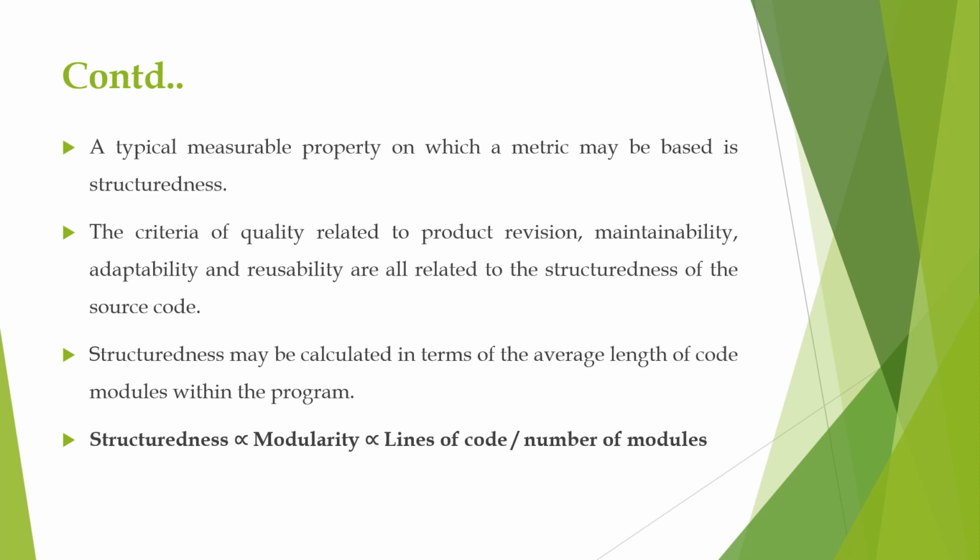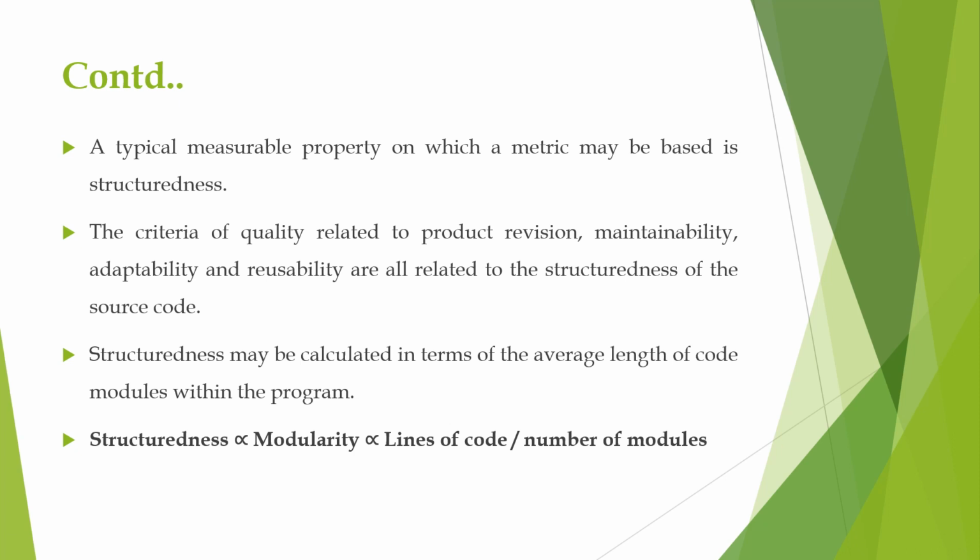So here we can calculate the structuredness of the product using the formula given here. The structuredness may be calculated in terms of the average length of the code, which means structuredness is directly proportional to modularity, and it is also directly proportional to lines of code divided by number of modules.